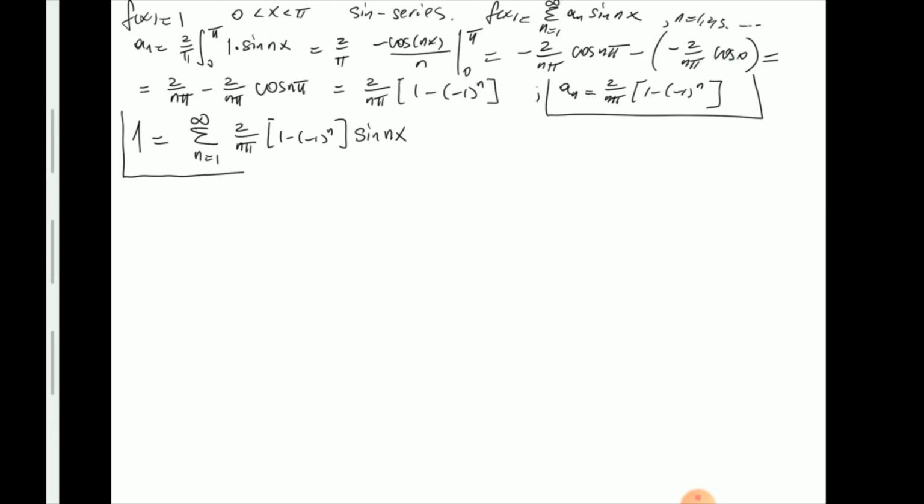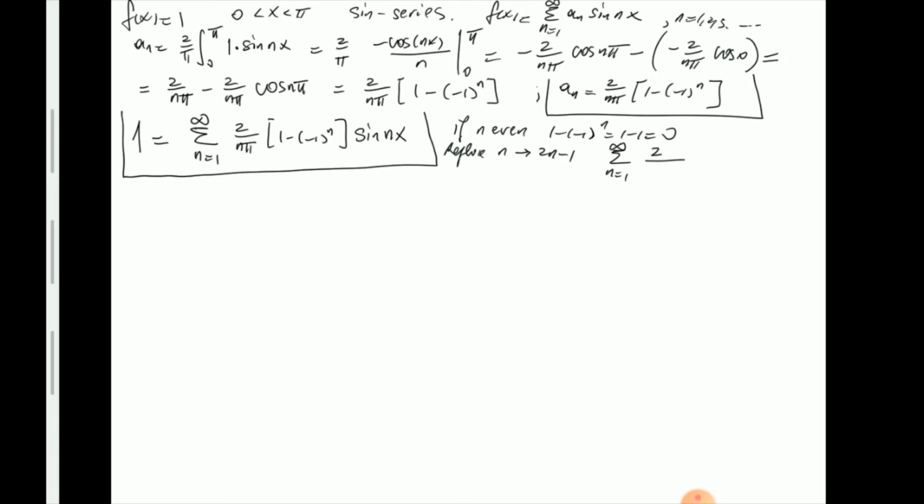So you can again leave the answer like that. Again, I want to warn you that in many problems, they will cycle through the non-zero terms only, which is again more pain than necessary basically. But just because you will see this type of format of the answer, I'm going to write it down again here. Notice if n is even, 1 minus negative 1 to the n becomes 1 minus 1, which is 0. Which means instead of cycling through all numbers, we can replace n with 2n minus 1 so that we can force the summation to be through the odd coefficients only.